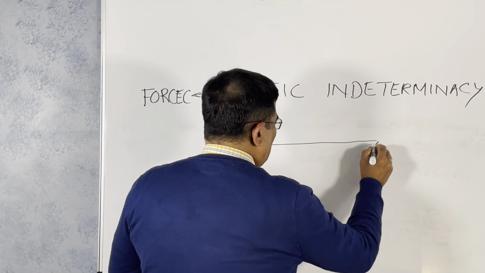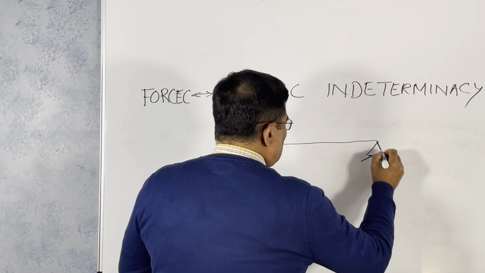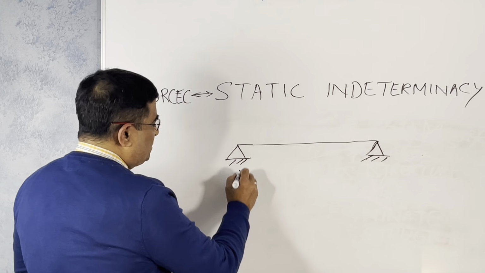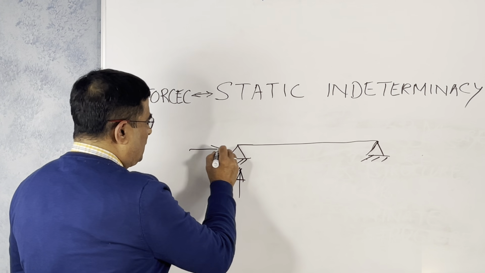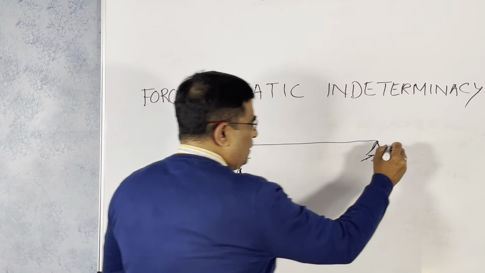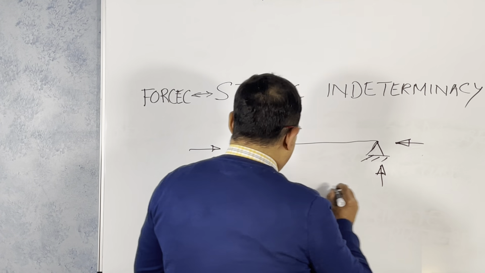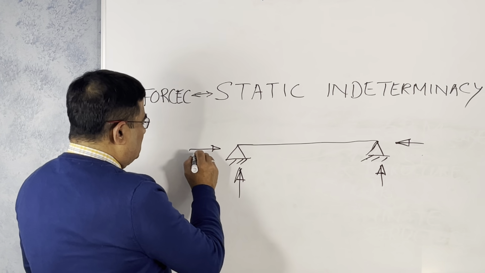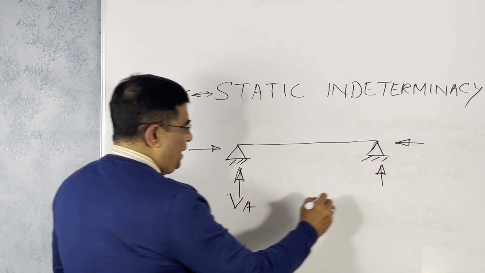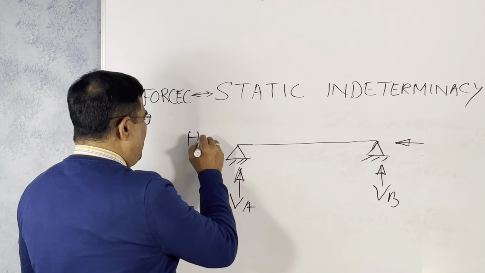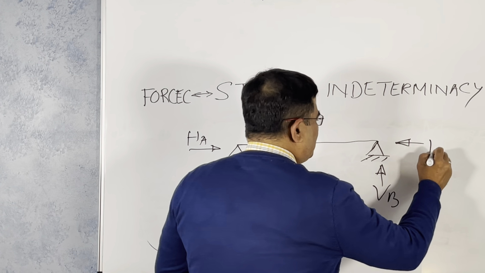This is also pin jointed. This is the pin support. So here the reactions, this one and that one, 2. Here also, 2 reactions. We have VA, VB and HA and HB.